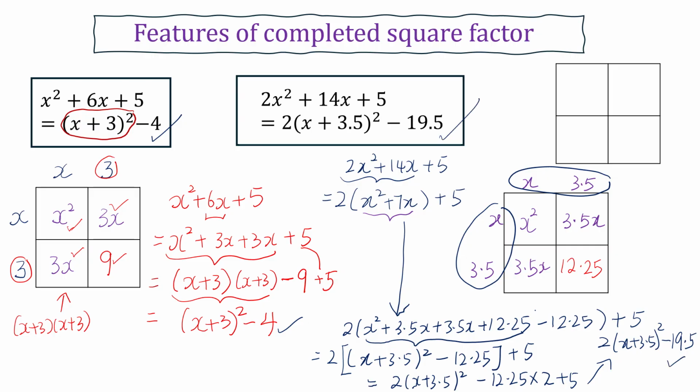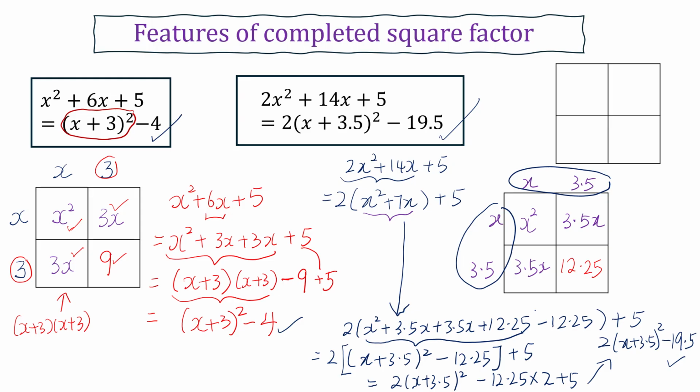All right, so when we use the completing the square method, do we have to go through all these diagrams? No, the diagrams are for me to explain to you how the completed square method works.